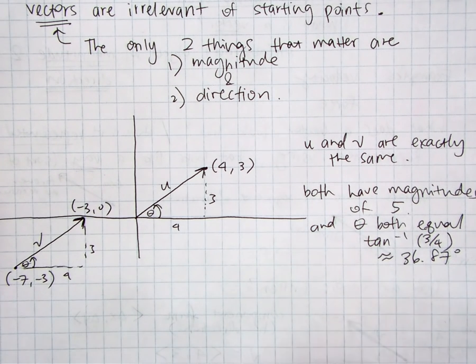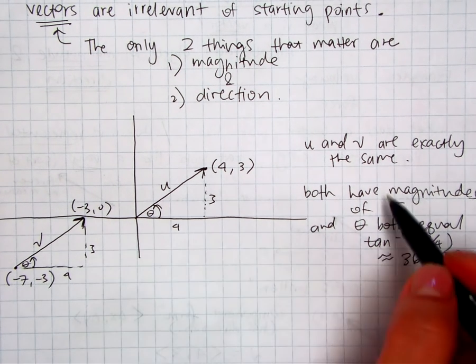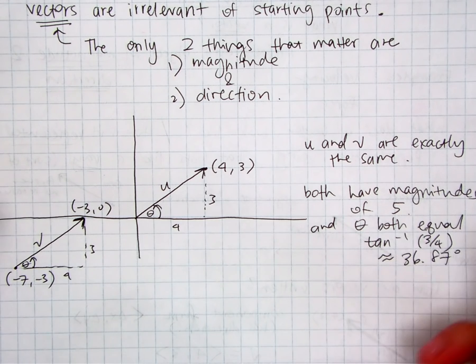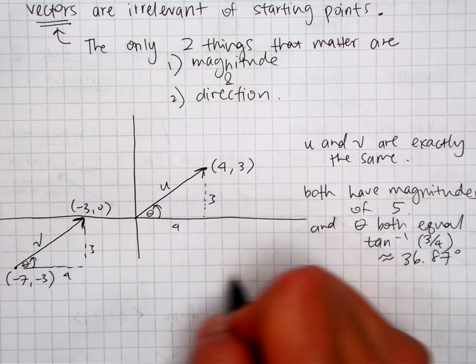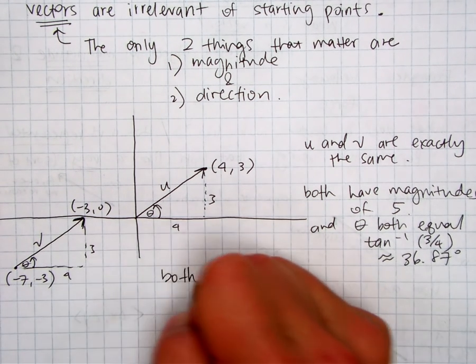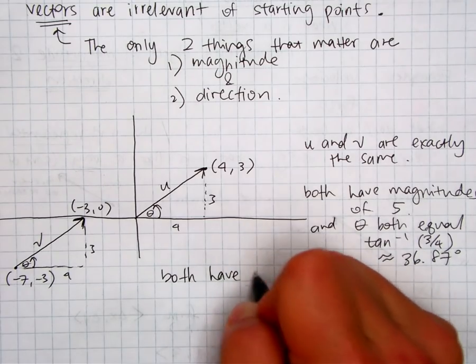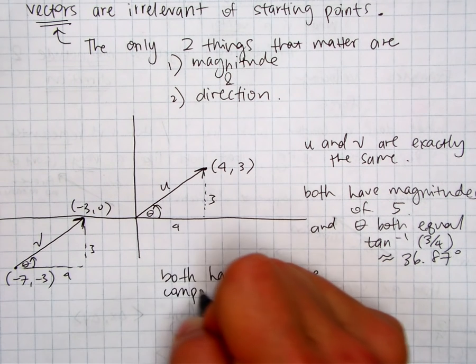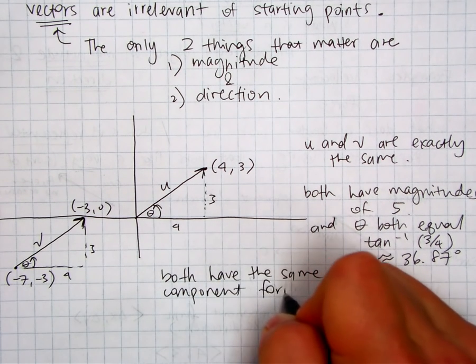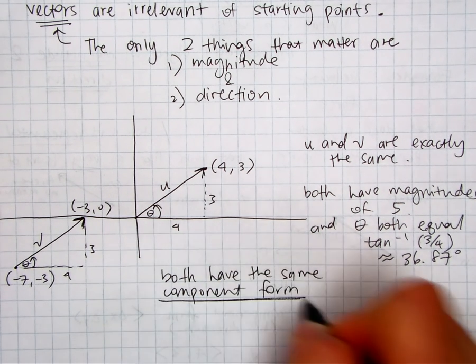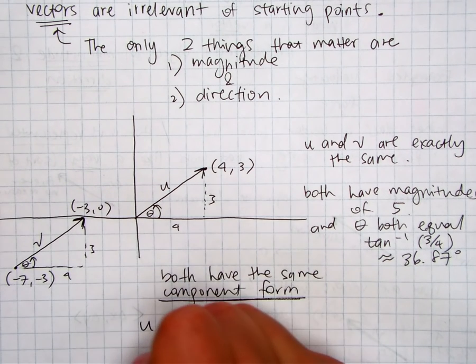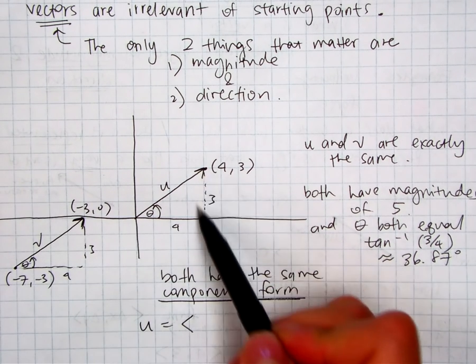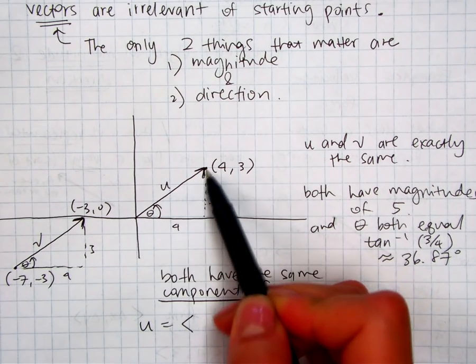Okay. One way to prove it, though, you don't have to actually show both of these. If they have the same component, both have the same component vectors, component form. So u, for example, is the distance of 4 minus 0.